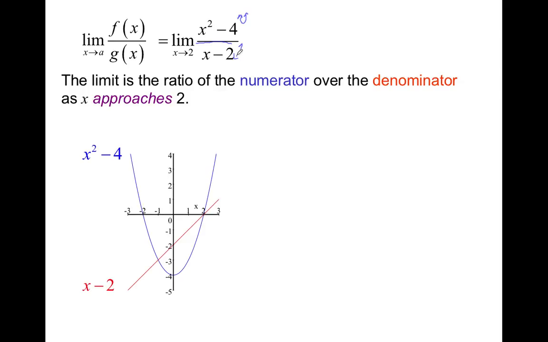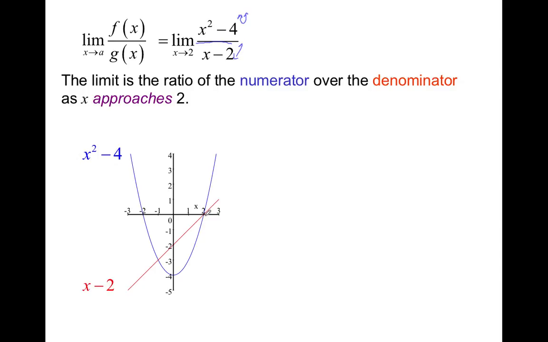When I look at the two functions separately, right? Not the ratio. I look at them separately. There's the linear function. Here's the parabola. At 2, both of their values appear to be close to 0, or maybe they are even 0. They're not. They're close to 0, right? As you approach 2. At 2, they're 0.